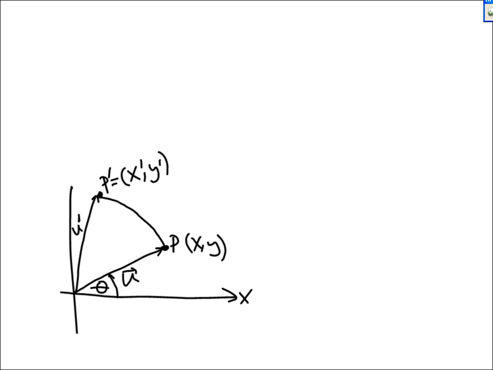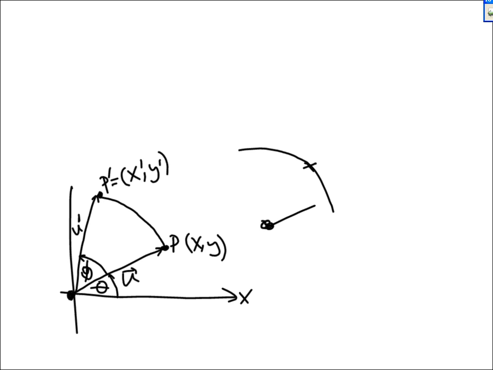Now, the lengths of u prime and u are the same. Oh, and you rotated it some number of degrees. Vector u and u prime, they have the same lengths. I mean, after all, you're rotating from the origin. It's like a circle. Take a compass, put the needle down there, open it up to some distance, and go around.